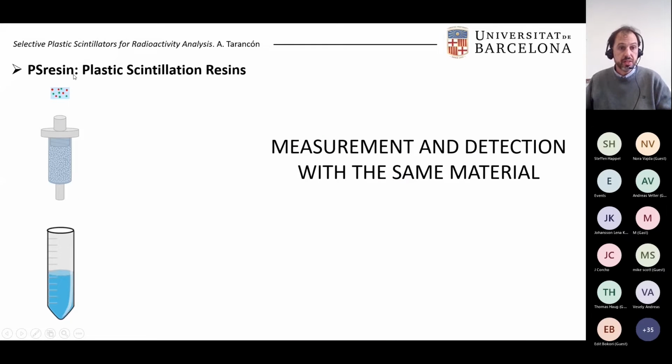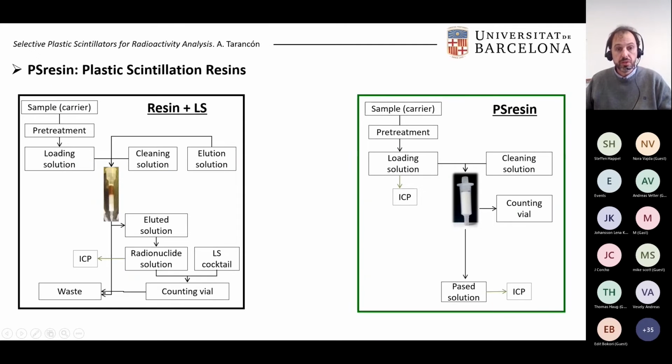So if you have a sample with a mixture of radionuclides, the radionuclide of interest becomes retained in the cartridge with the plastic scintillation resin, the interferences are eluted, and then you can measure directly, joining the measurement and the detection in the same vial. These present some advantages regarding traditional methods, because you can reduce the elution step.